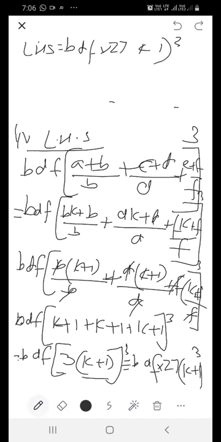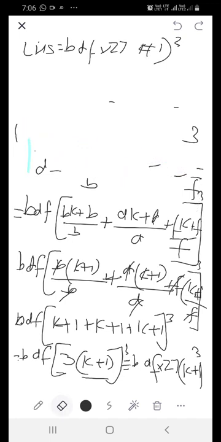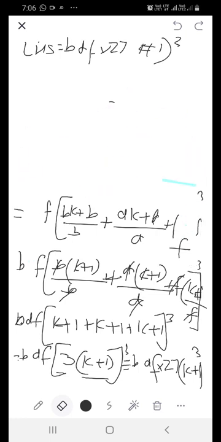Now I'm going to take the right hand side of your proof. What do you have in the right hand side?